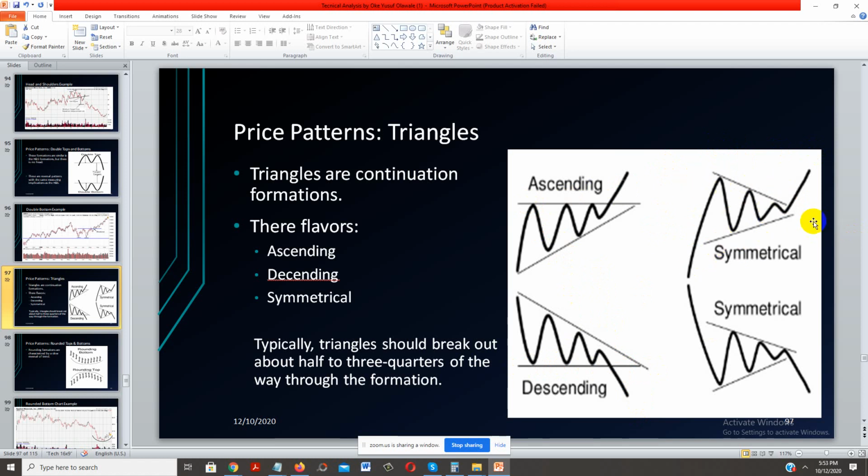Can you see that? It makes a lower high and a higher low. But in the other one, if it's ascending, it ranges on top at the same point, and descending at the same point.